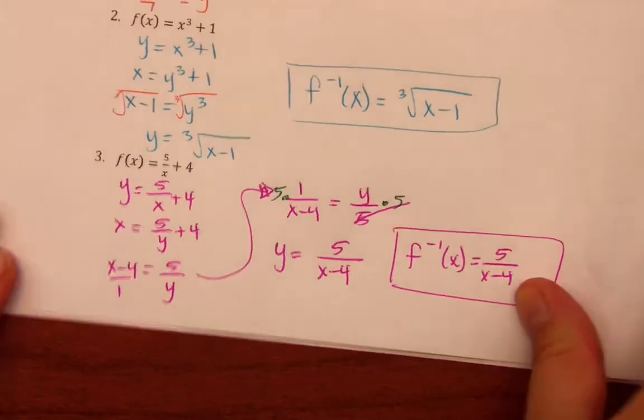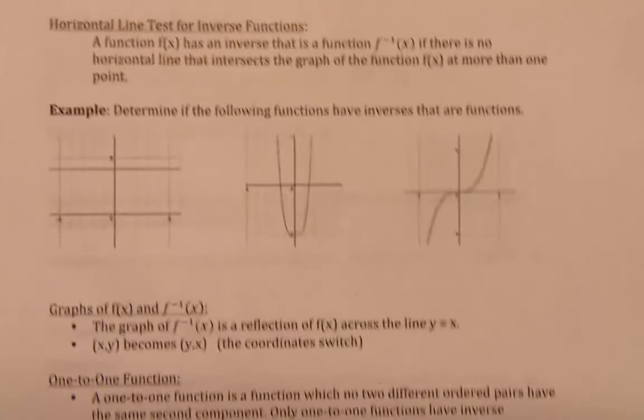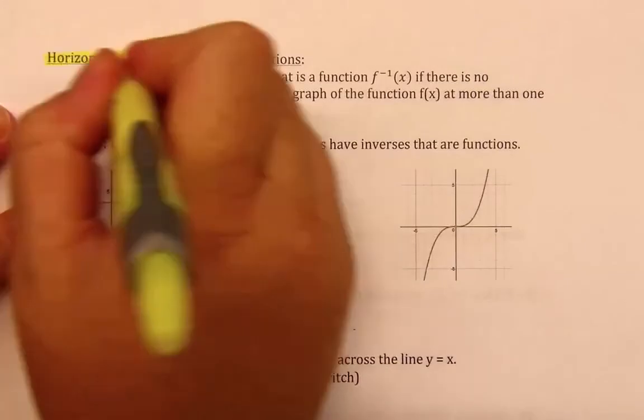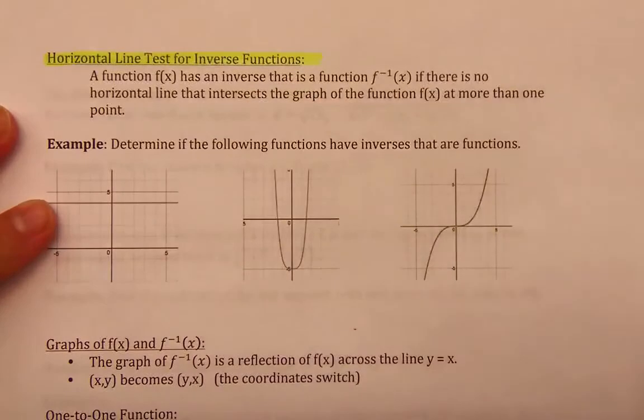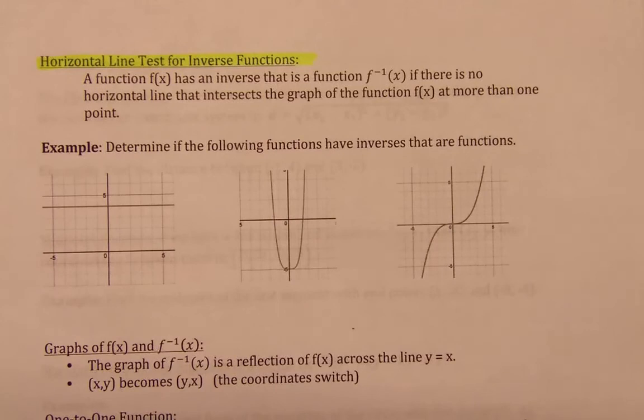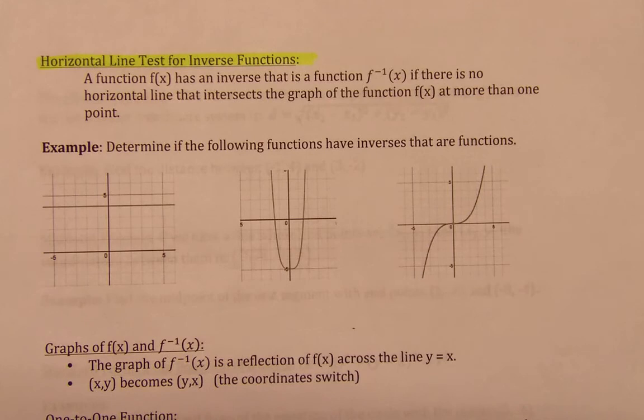Now, I'm going to go ahead and flip the page here. And now we're talking about the horizontal line test. So we've already talked about the vertical line test. The horizontal line test checks to see if the inverse of this function is a function. So what I want to do is draw a horizontal line through my function, and if it hits more than once horizontally, then that means the inverse of this function is not a function.